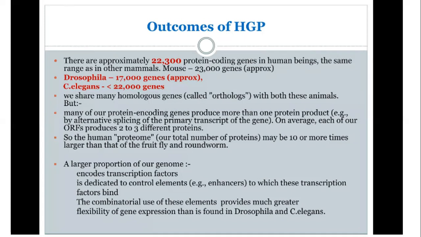A large proportion of our genome that encodes transcription factors is dedicated to control elements to which these transcription factors bind, and the combinatorial use of these elements provides much greater flexibility of gene expression than found in Drosophila and C. elegans. So the major outcome was also to determine the proteomics of the human genome, and of other organisms like Drosophila and the roundworm.